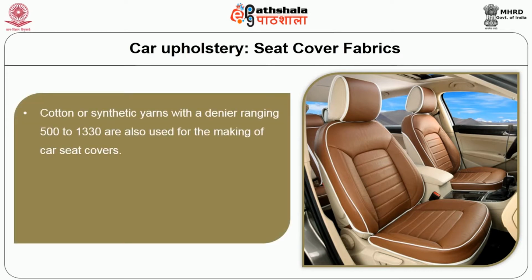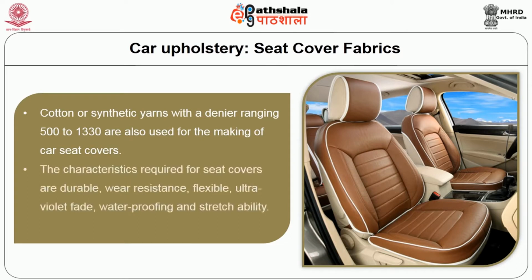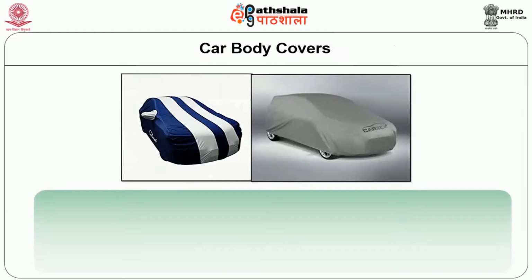Cotton or synthetic yarns with a denier ranging from 500 to 1330 are used for making car seat covers. The characteristics required for seat covers are durability, wear resistance, flexibility, ultraviolet fade resistance, waterproofing and stretchability. Similar seat covers are used for other vehicles also.